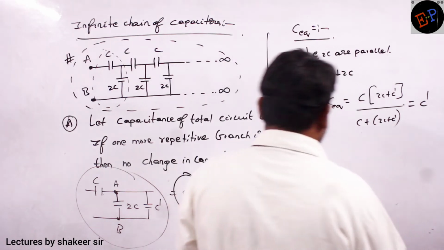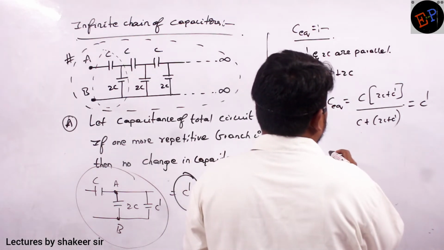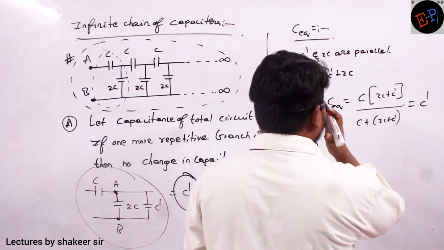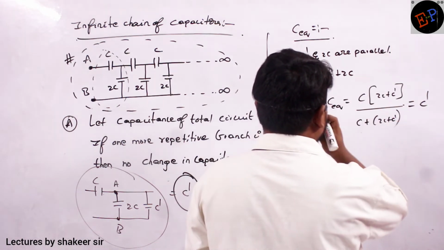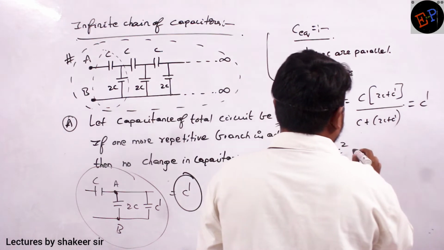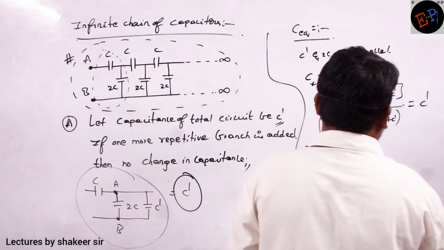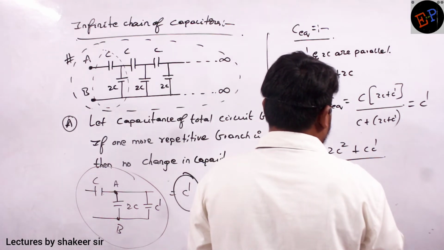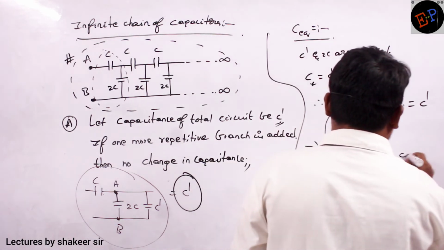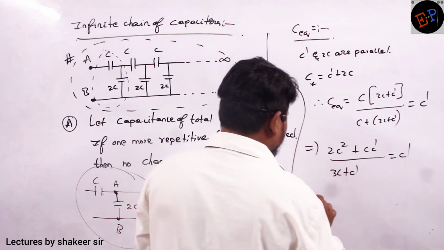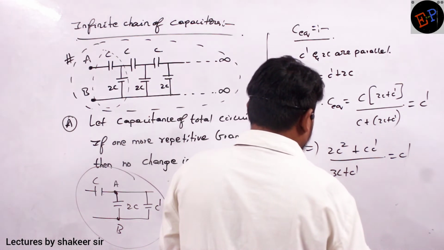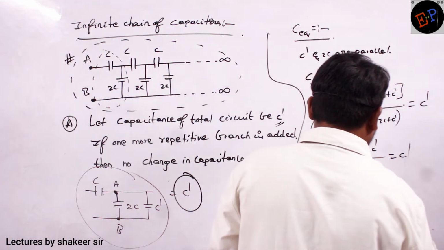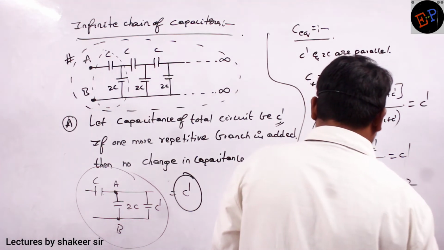So let us see how I can do this calculation. C times (2C plus C dash) divided by (3C plus C dash) is equal to C dash. Clear, no? If I cross multiply, 2C square plus C C dash is equal to 3C C dash plus C dash square.